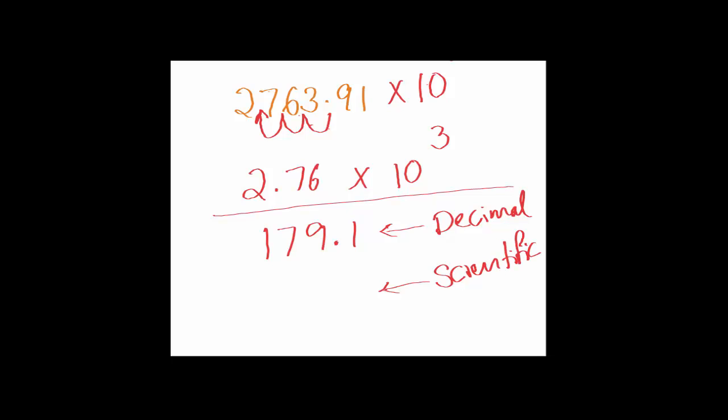That means I need to move this decimal point towards the left, so that becomes 1.79 times 10 power... We move left, so that's positive, up by 2 places. So 1.79 times 10 power 2 is the scientific notation of the number 179.1, which is in the decimal notation.